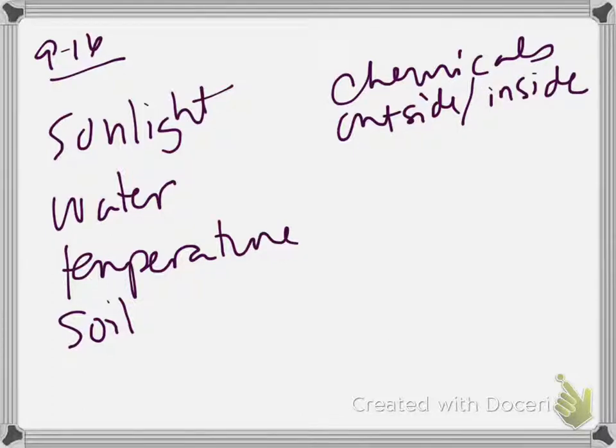What else? Who hasn't given me one? What else could affect a plant's growth? Okay, in terms of what? Okay, so like where in the country, where on the planet it's located, which ties back to your weather thought.